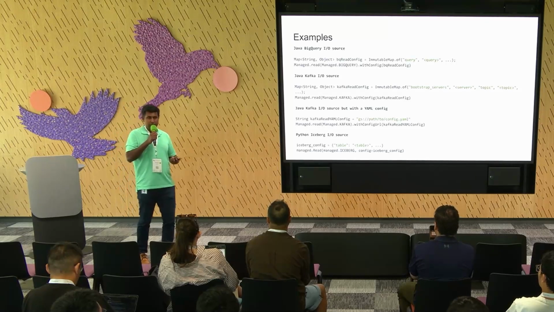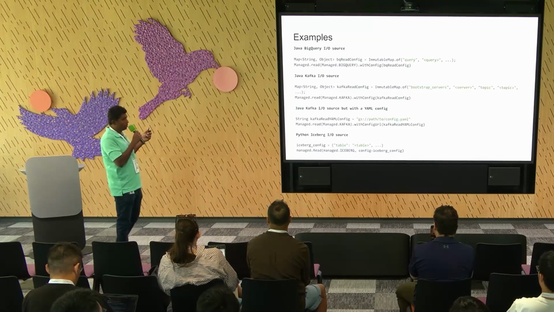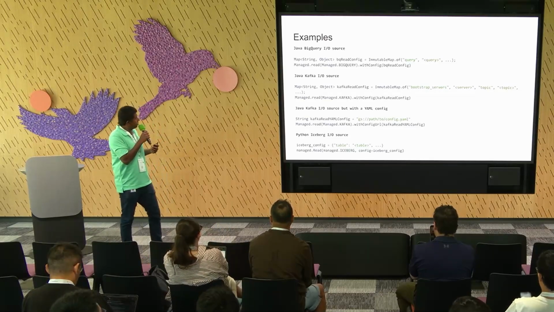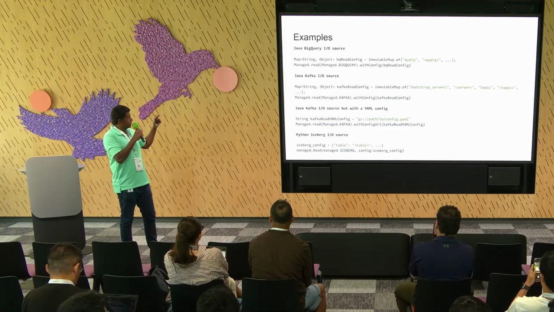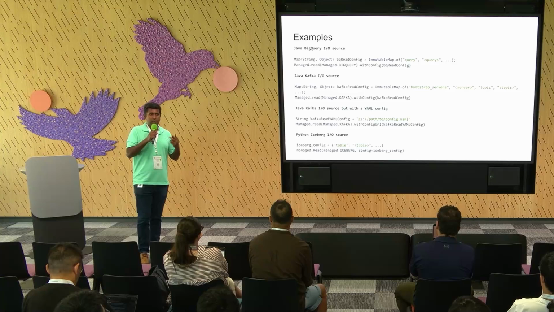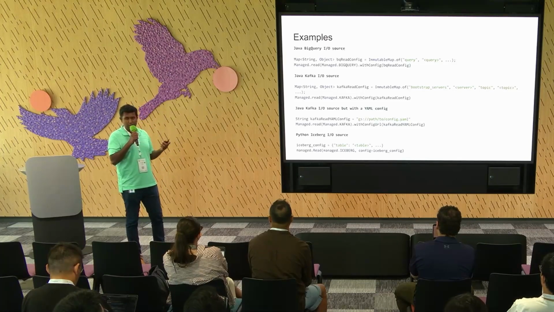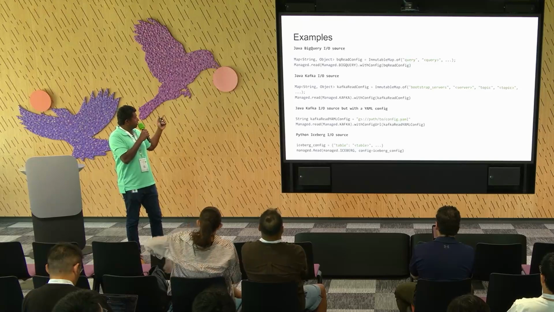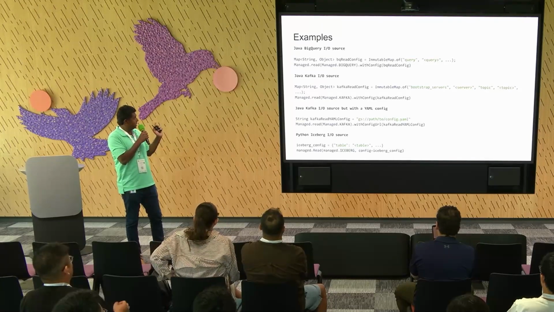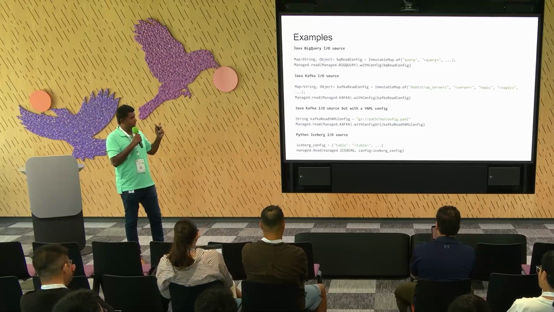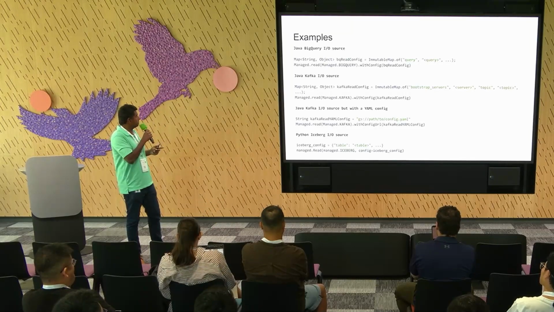Okay, let's look at some specific examples. If you want to create a Java BigQuery I/O source using the managed API, you would first construct your config map, which has BigQuery-specific configs. For example, you might need a query for the BigQuery source, and you would say managed.read, and your key would be managed.BIGQUERY, and you give it your config, and you have your BigQuery source connector.